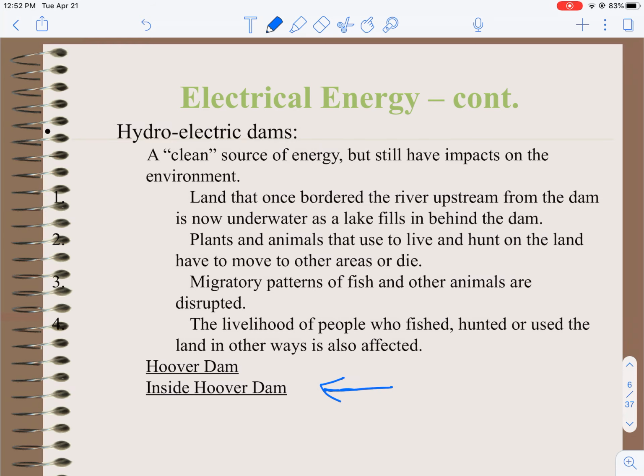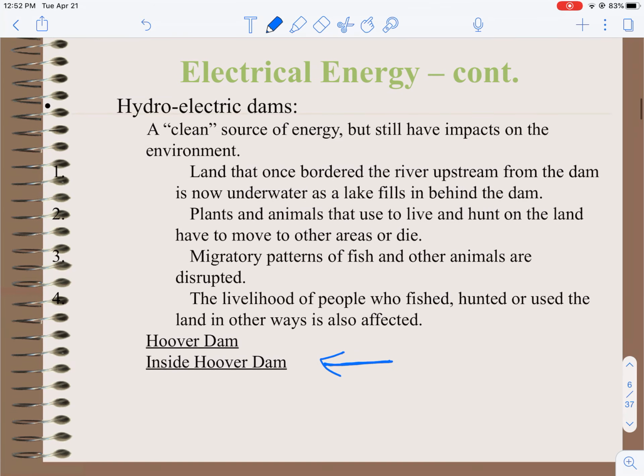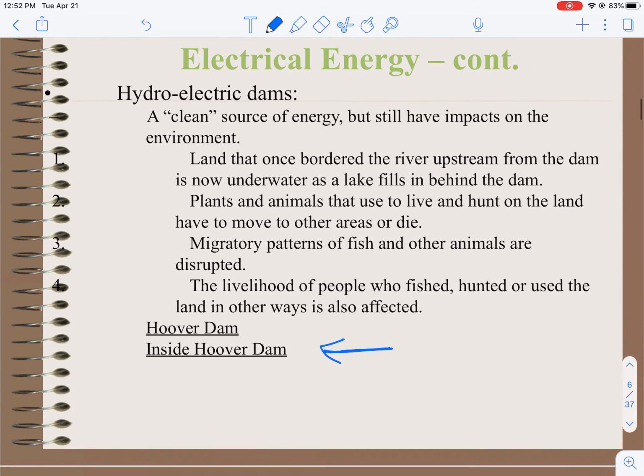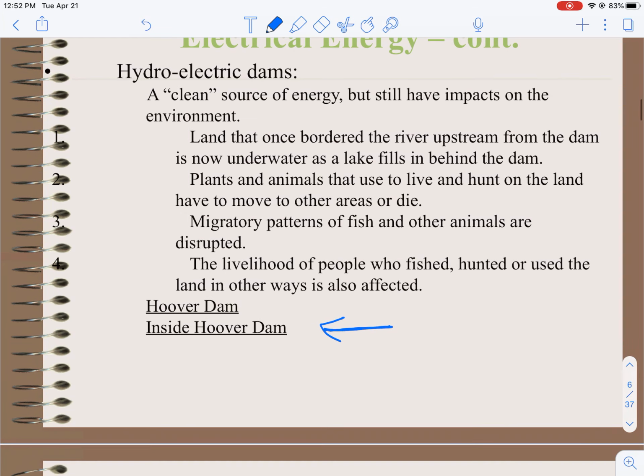Hydroelectric, first one, you can check out these cool links about Hoover Dam, which at the time was the biggest hydroelectric plant in the world. Pretty cool history there. But even though it's clean energy, with water that keeps flowing over a turbine and turning it to create electricity, to dam the water to get this huge amount of water, we have to impact some natural areas.